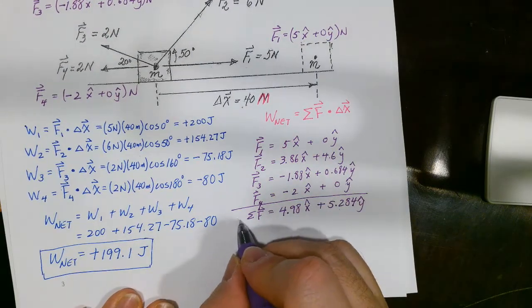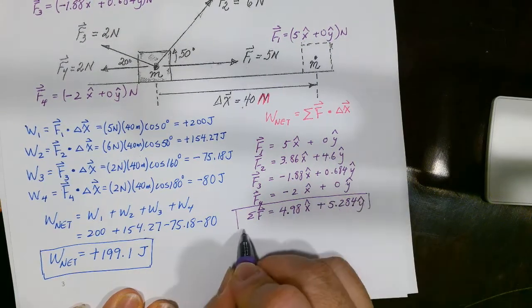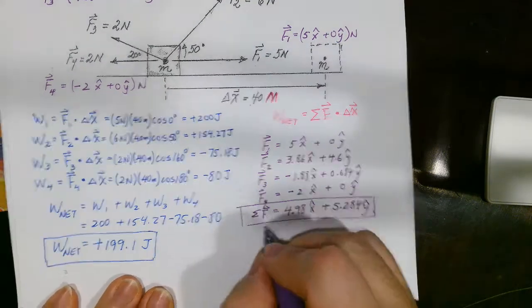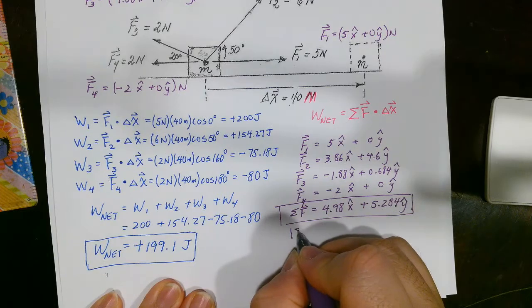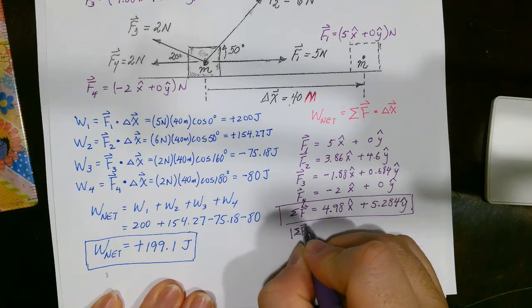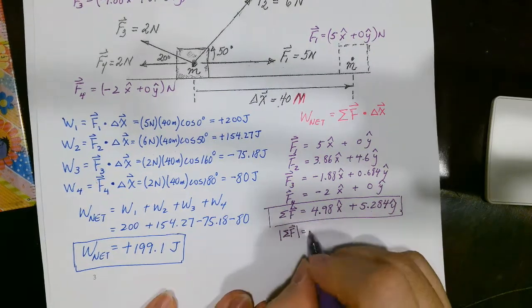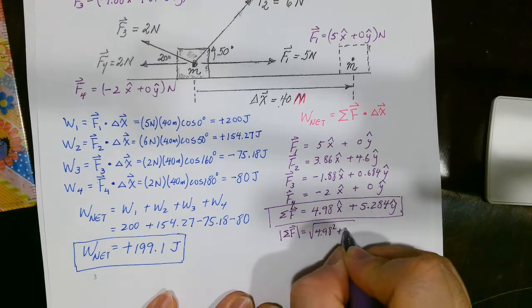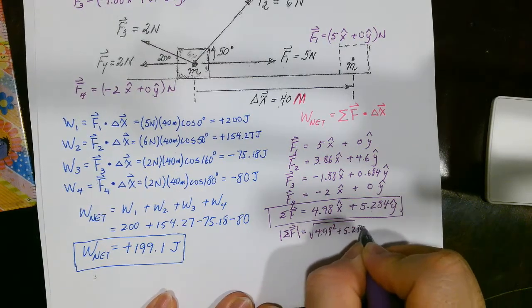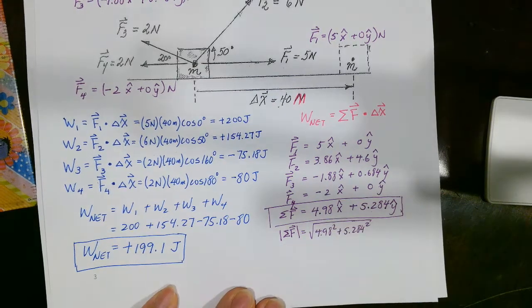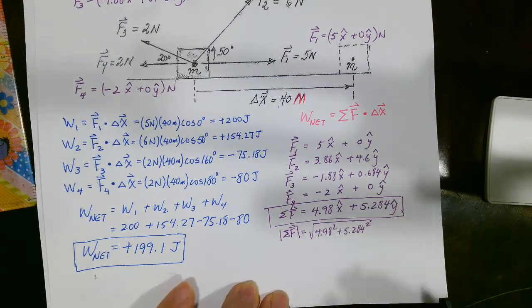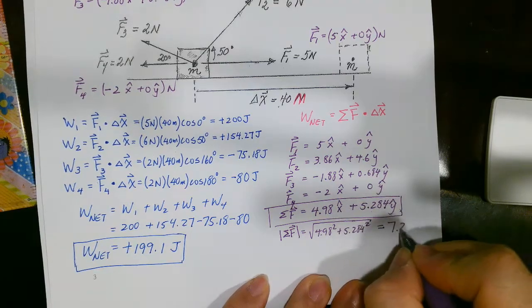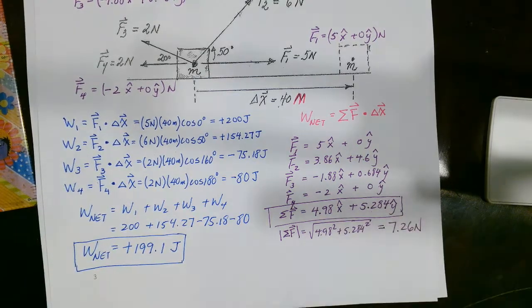Once you have this net force, you can calculate its magnitude. That is simply the square root of 4.98 squared plus 5.284 squared, and that comes out to, I believe, 7.26 newtons.